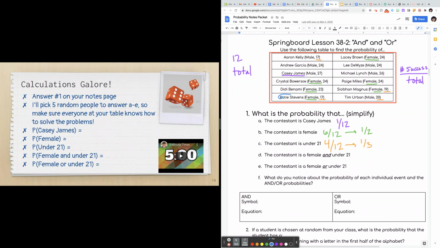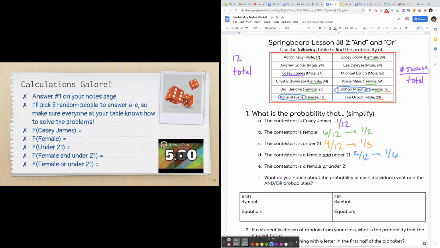So this person fits in both of those categories, and this person fits in both of those categories. So my probability here would be 2 out of 12, which again can be reduced. Greatest common factor between 2 and 12 is 2. 2 divided by 2 is 1. 12 divided by 2 is 6. Okay, so that's an and probability.